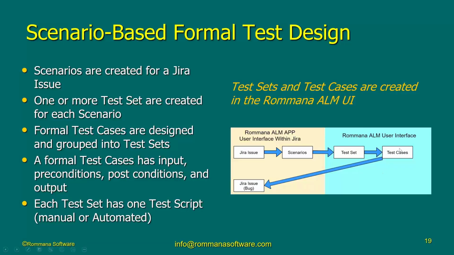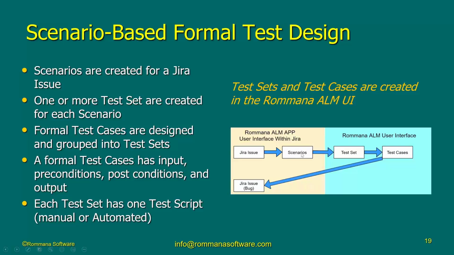Now you can see there are two colors in this diagram here. The reason is this: on the right-hand side of the diagram, this is really the Rommana ALM user interface. So in the yellow area here, you are within the app. So you look at the Jira issue. You can create scenarios as we saw in the previous screens.